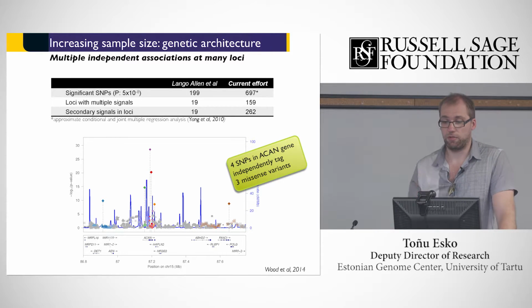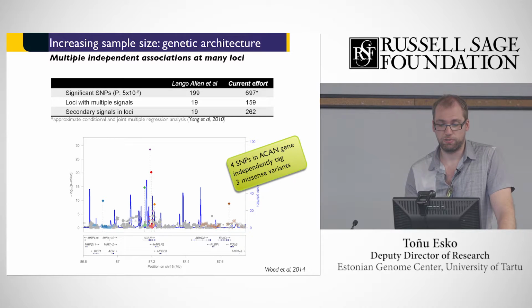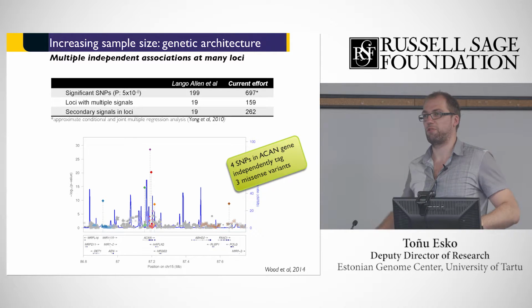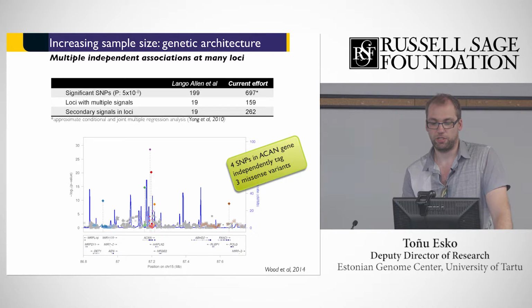And this is just one of the examples below, again a locus zoom plot, and here the causal gene we know is aggrecan. This is the gene that, for example, for Danny DeVito, is mutated, so his long bones are short, but the other proportions are okay, just the long bones are short, so he has a mutation there.